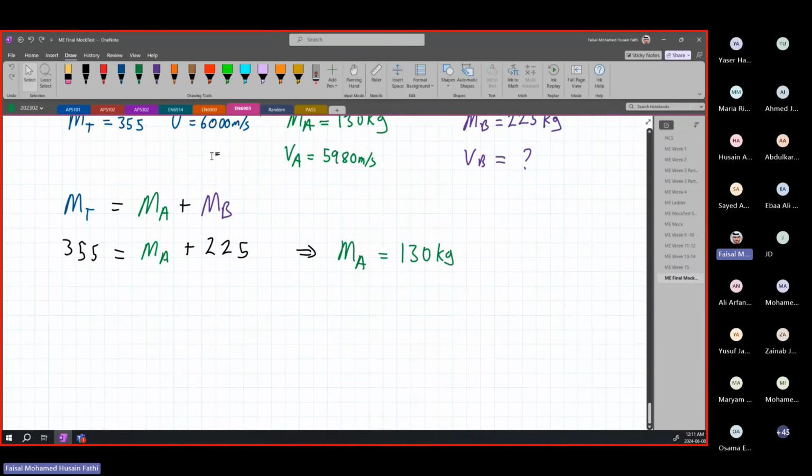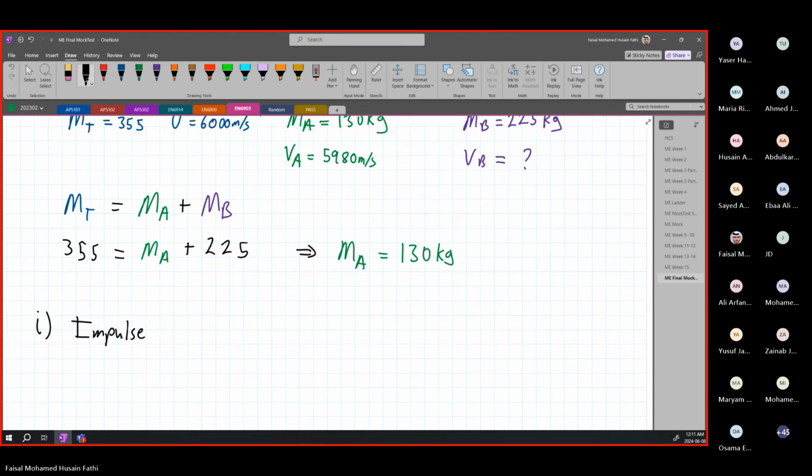All right. What is this equation? Remember the impulse-momentum equation, which is F times t, your thrust force times time, is equal to m(v minus u).